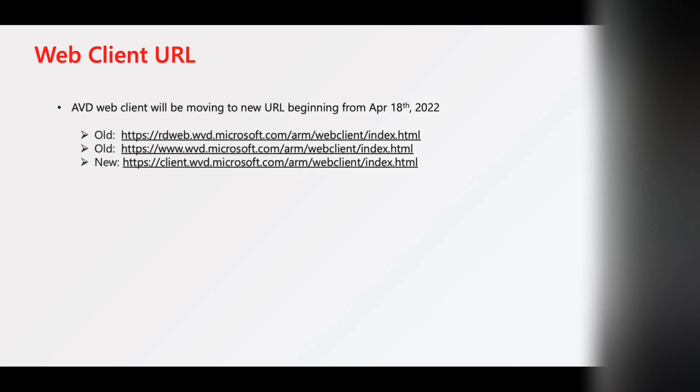But we recently introduced some URL changes, so we have encouraged customers to move over. The old URLs will still work for some time, but especially you need to whitelist these URLs if you are blocking some of them in your firewalls or anything. If you are not, you should still be okay. This is something that we notify our customers about, just to keep in mind that we have a new URL to access the remote desktop client.